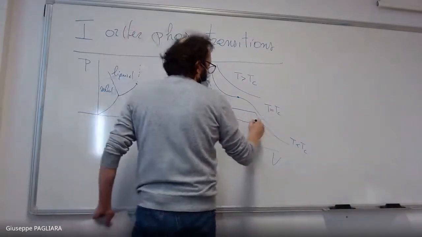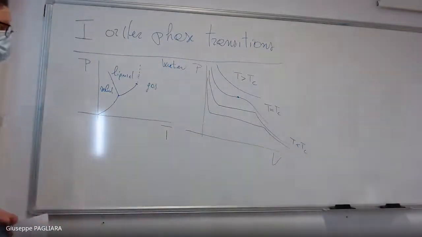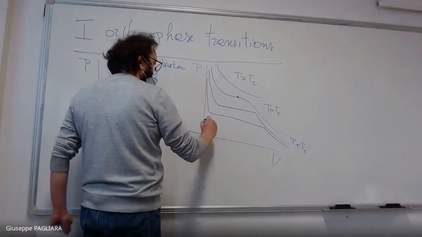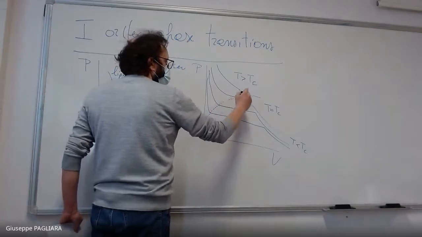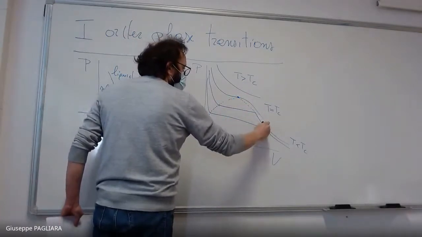Something like that. I'm not very good at drawing, and you can actually connect these points up to the critical point. It's a typical diagram that you find in books.